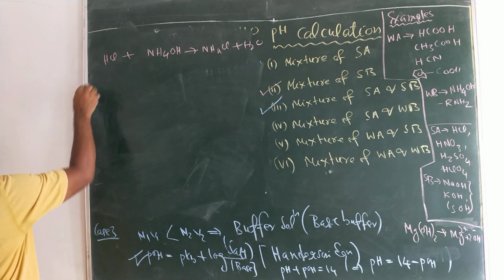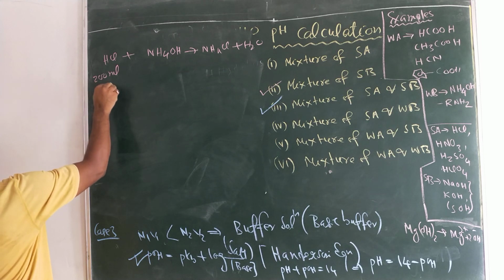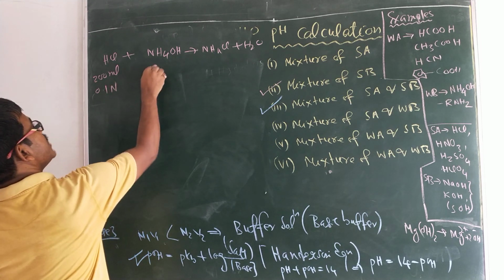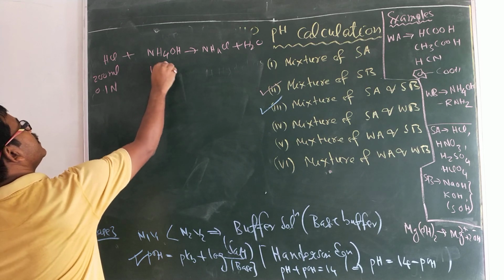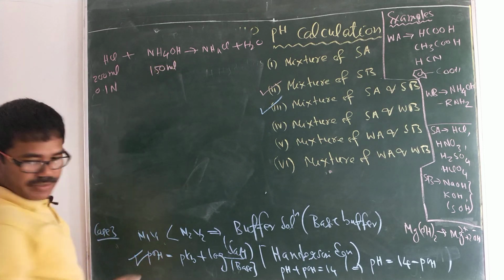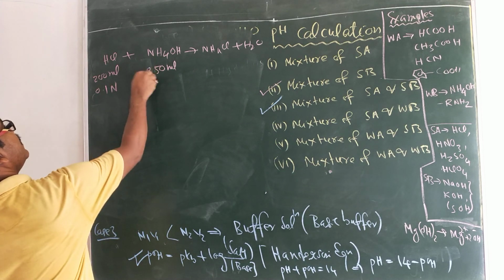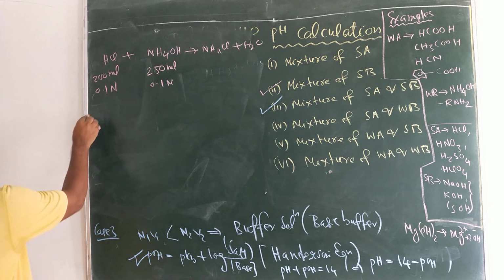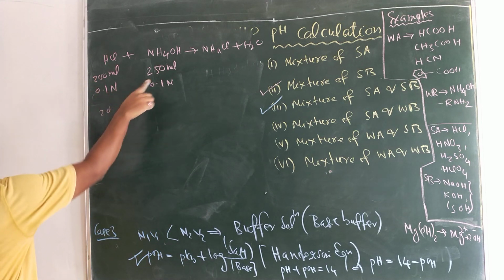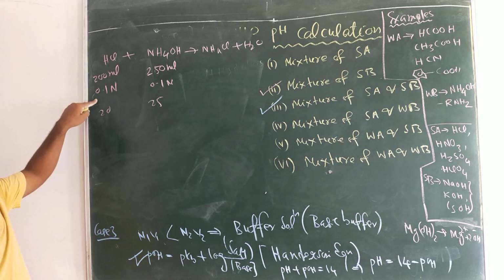Suppose the acid is 200 ml, 0.1 normality. The base is 250 ml, 0.1 normality. Therefore, the milliequivalent of the acid will be 20 and of the base will be 25, the product of volume and normality.